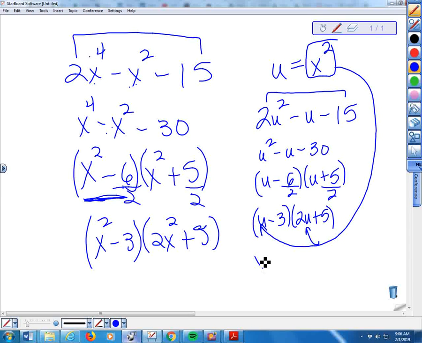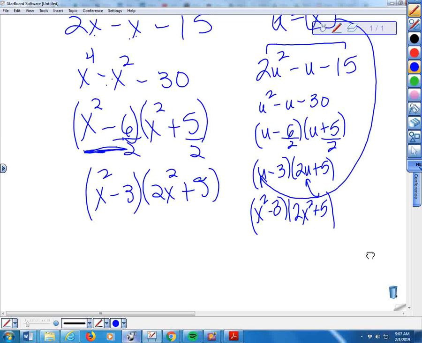So x squared minus 3, 2x squared plus 5 equals the same thing. That's a lot. Well, what it does is it makes it look like a quadratic, which you're comfortable with. Okay, the trick here is figuring out what you want to replace with u, what you want to make u. That's the trick.